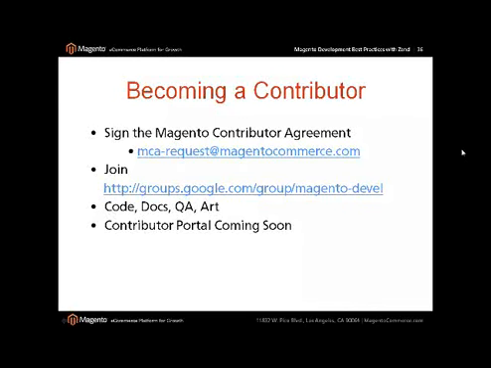The best thing to do is send an email to mca-request@magentocommerce.com, and we'll get you the Magento contributor agreement so that you can sign it and send it back. That'll make you an officially recognized contributor, and also make sure that all the intellectual property issues are in order.